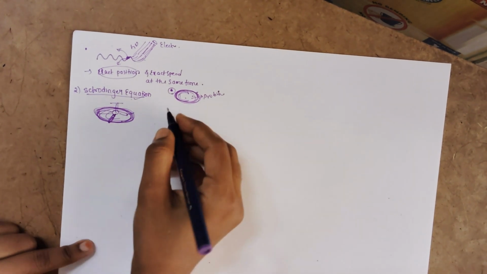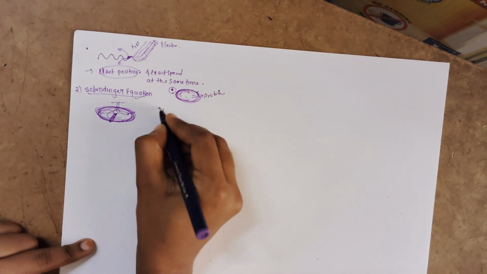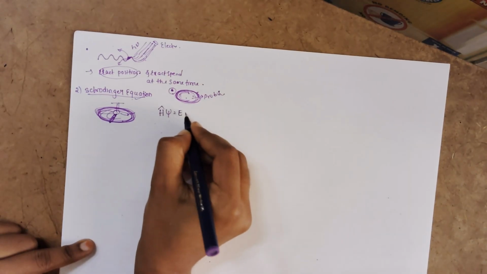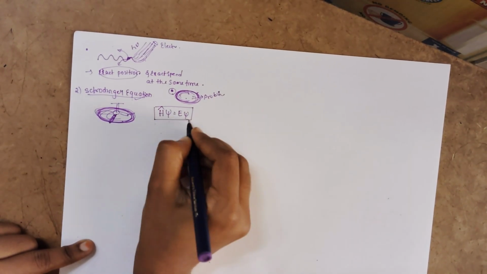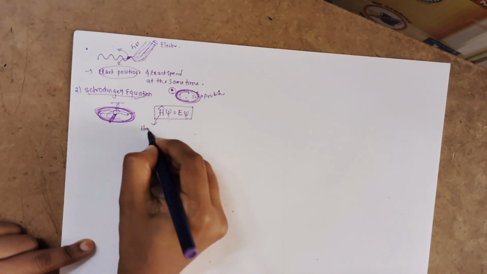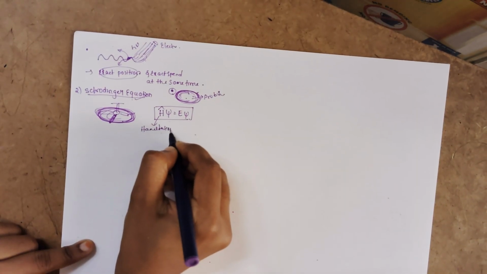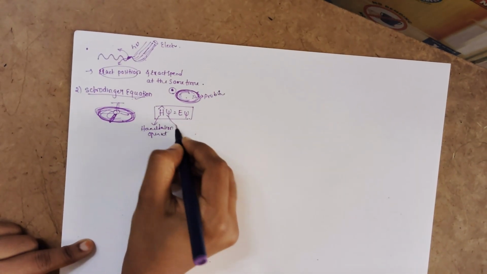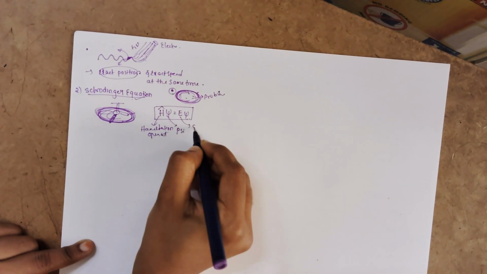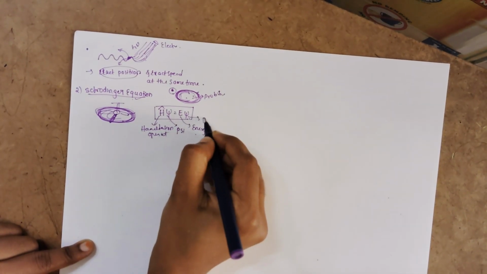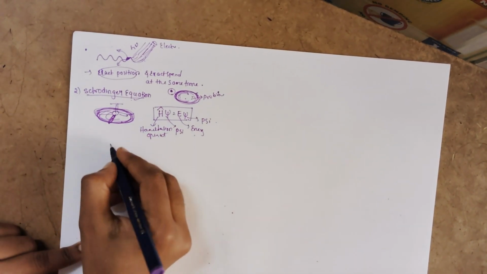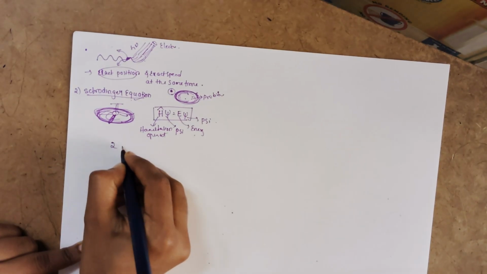Now Schrodinger gave an equation: H cap psi equals E psi. This is the Hamiltonian operator. This is psi. This is energy. This is also psi. In order to make you understand this, suppose we take two digits, 2 and 1.